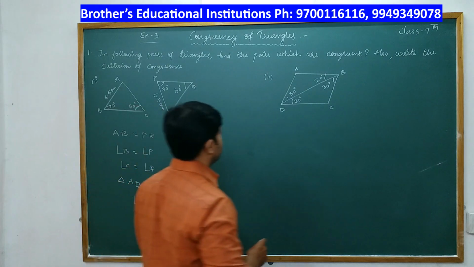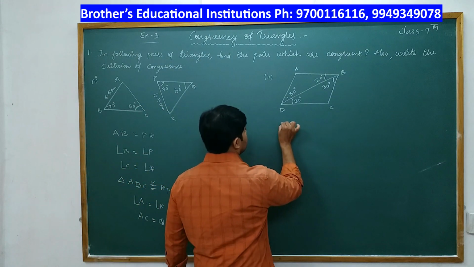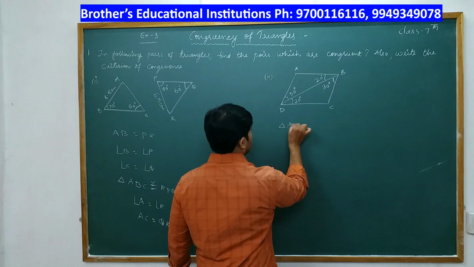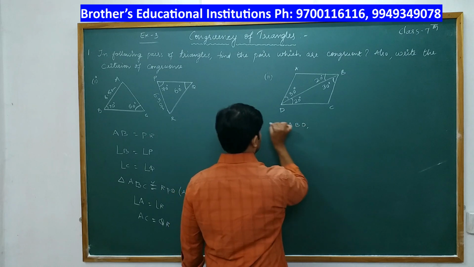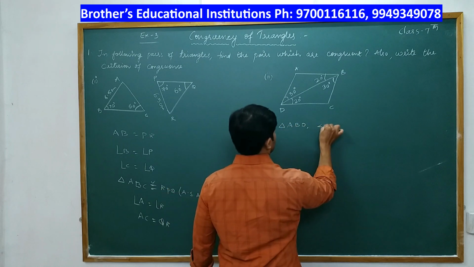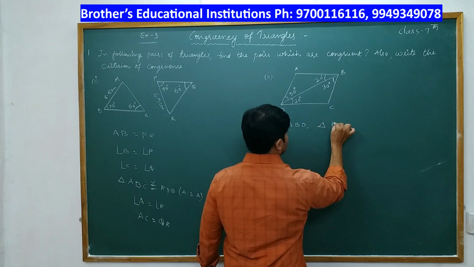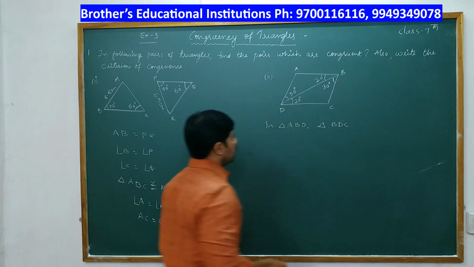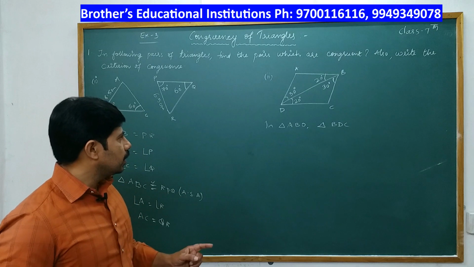In this problem we have triangle ABD and triangle DBC.